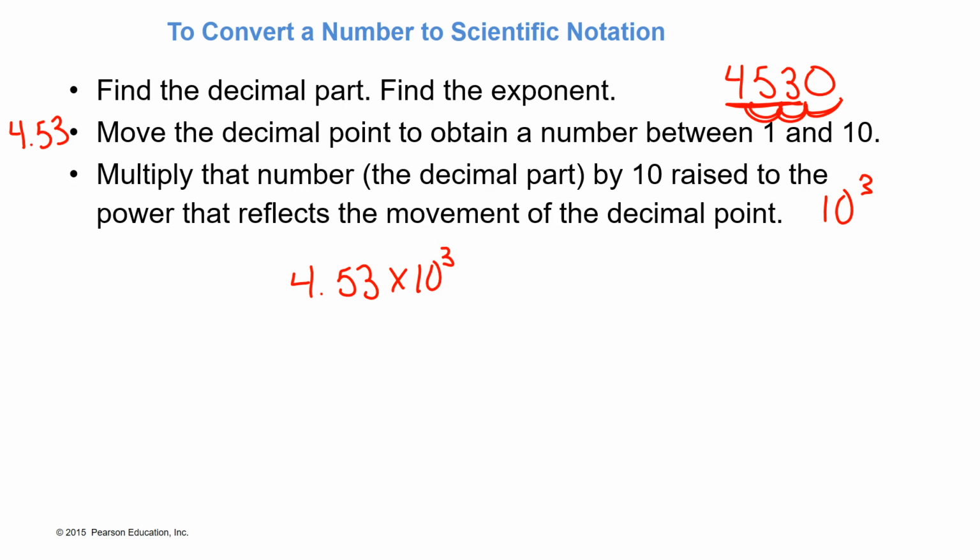A lot of times you can use a calculator to actually do it. So if you punch in 4,530 in here, and then do the function, you would hit the second button and then the little science engineering button and switch it from float to science.